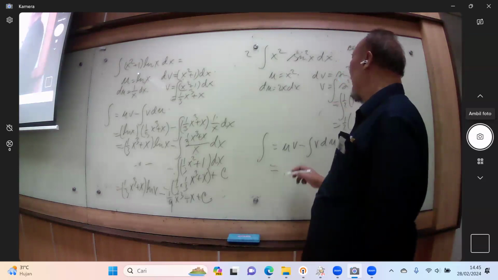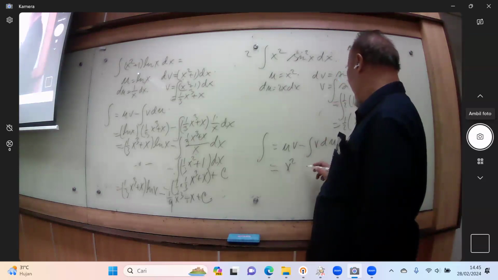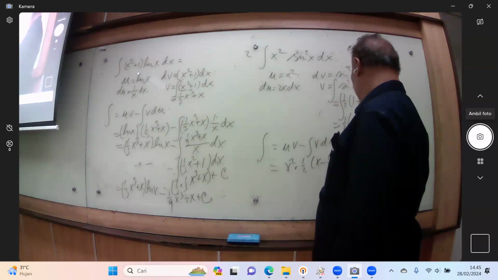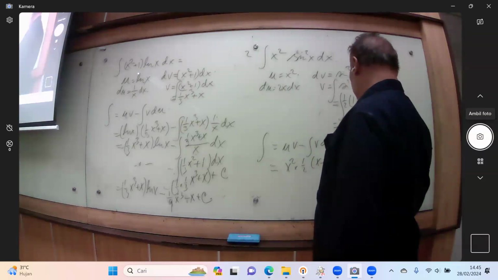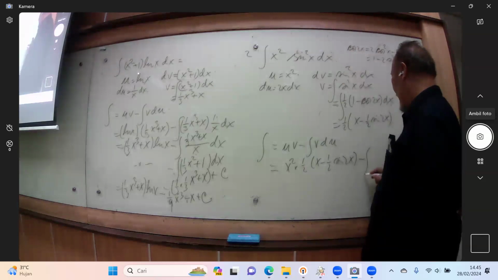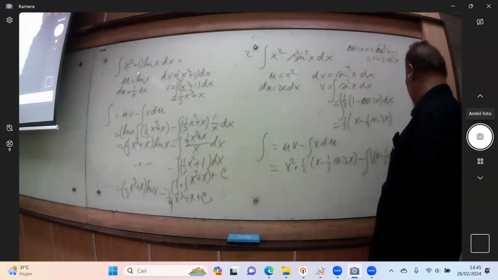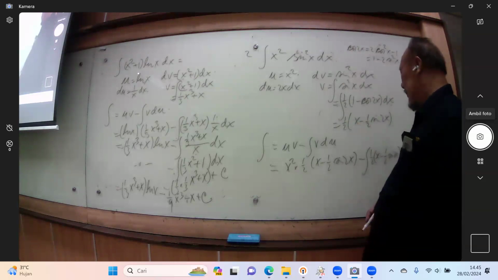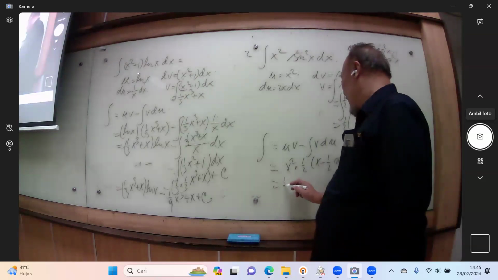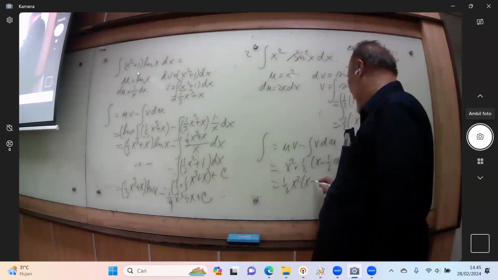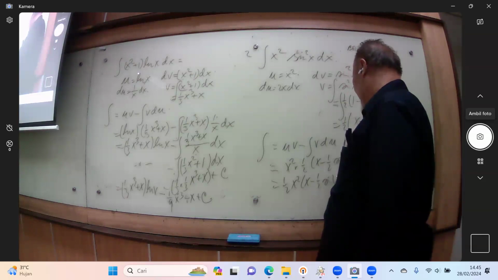So it becomes u, x squared, multiplied with half x minus half sine 2x, minus the integral of half x minus half sine 2x multiplied by 2x dx.